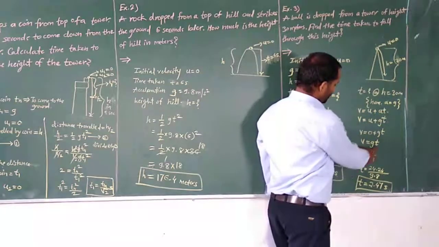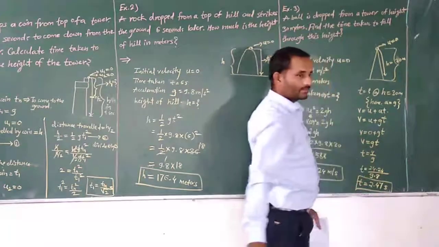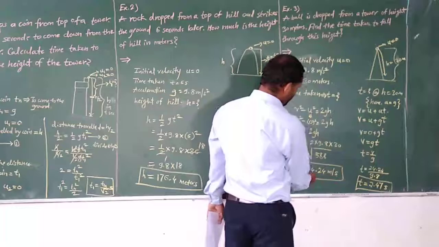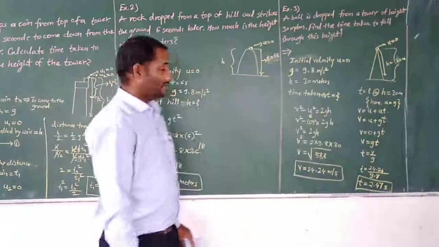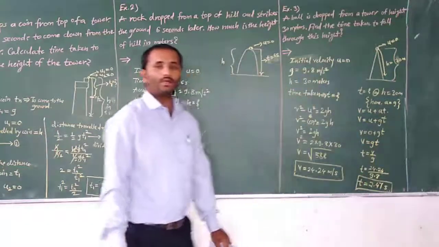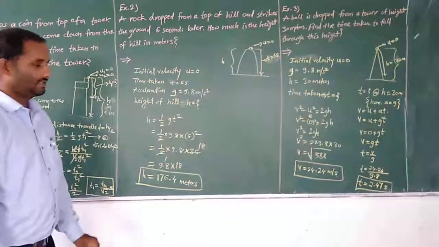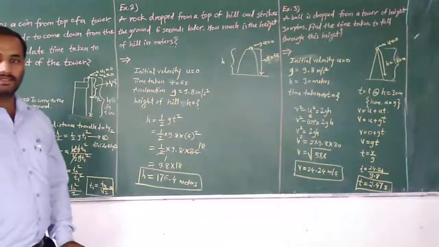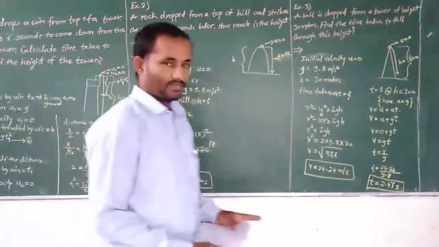Therefore t is equal to v by g. We know the value of v, 24.24, divided by g, 9.8. So t is equal to 2.47 seconds. The unit is second.